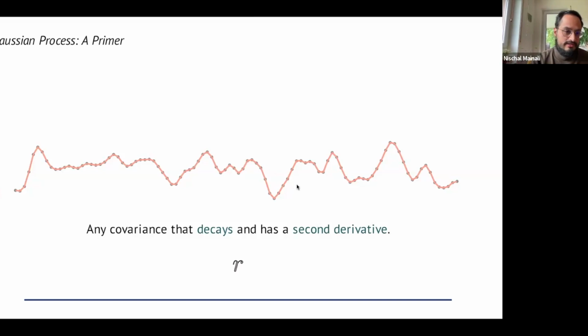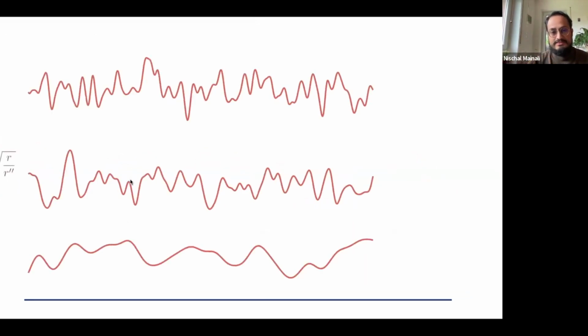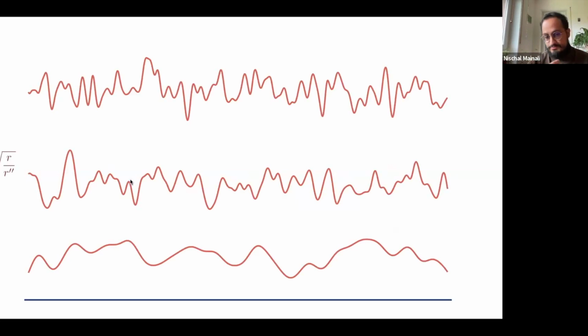And the first is simply the variance R. So the square root of R defines the size of this Gaussian fluctuation, and R double prime is the variance of the derivative. And why is it important? It's a weird quantity if you think about it a priori, but the ratio of variance and variance of the derivative sets a spatial scale.